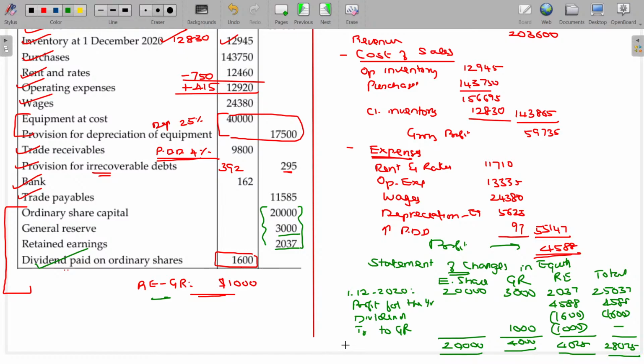This will be the balance as on the last date, 30th November 2021.